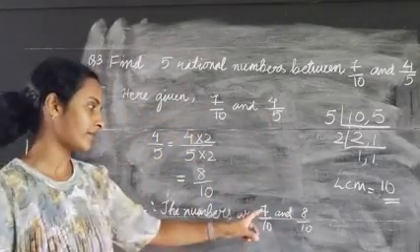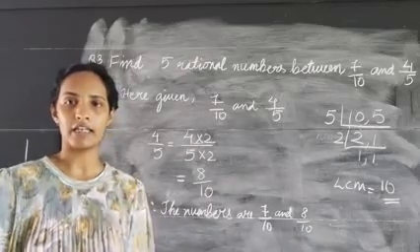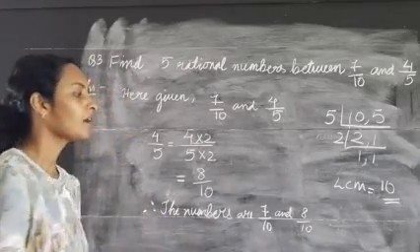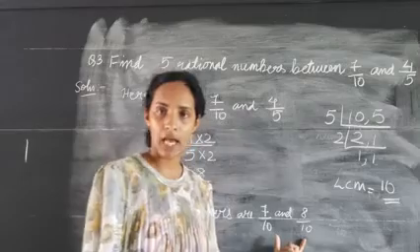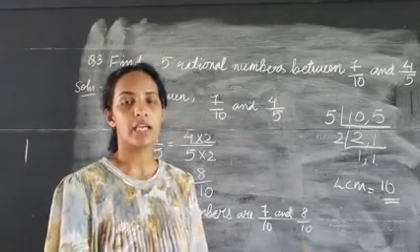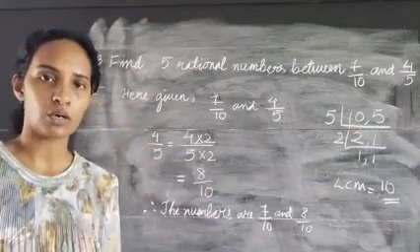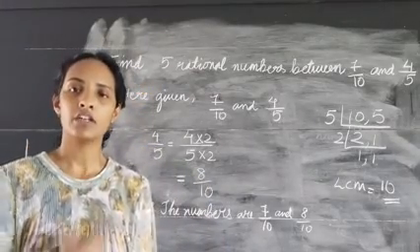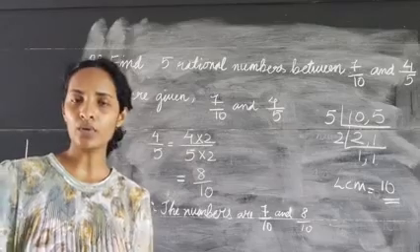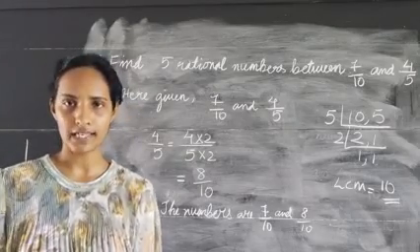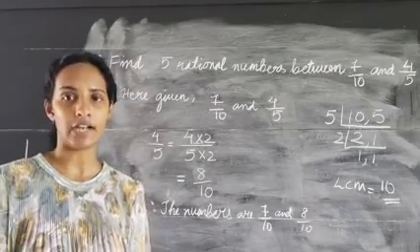So the numbers are 7 by 10 and 8 by 10, right? Now look here, check the denominators. Now is the denominator same? Yes, now the denominators are same, right? Now the denominators are same. So when the denominator becomes same, what do? Now we can follow the rest of the steps and we can find the rational numbers.